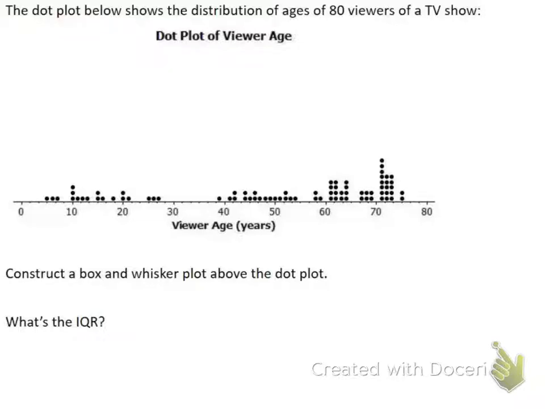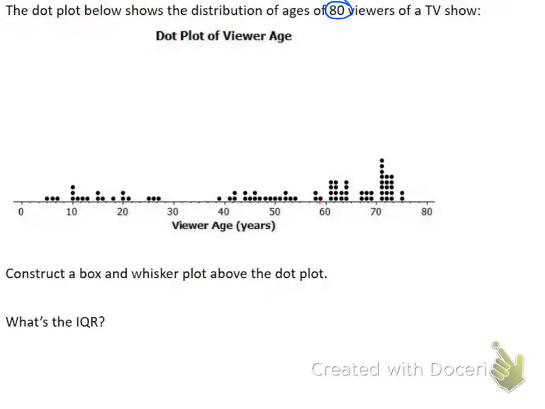And so kind of an easier way of doing this, go ahead and circle those 80 viewers. So again, a median is just finding the middle point of 80. The middle of 80 is 40. And so what I can do is I can count my dots. I can actually count going from left to right. I can go 1, 2, 3. I can count all the way up to 40, which is half of 80.